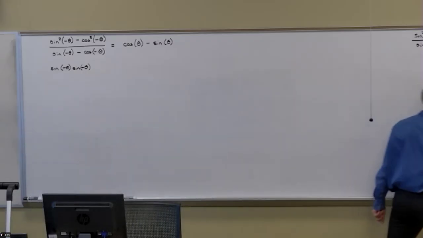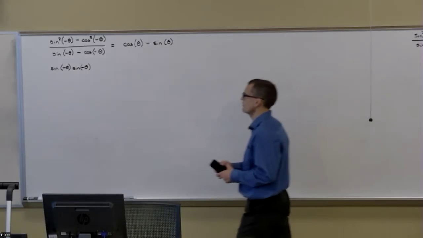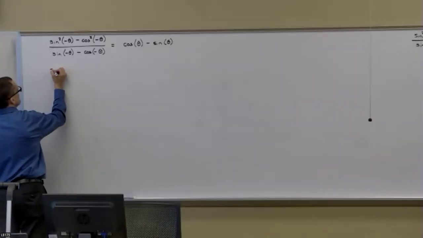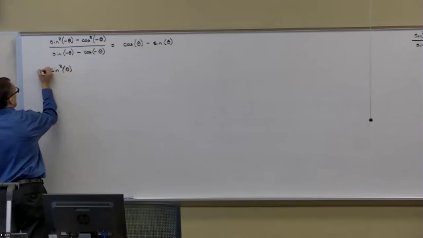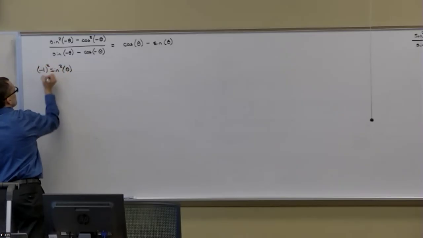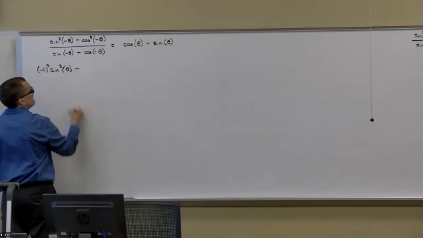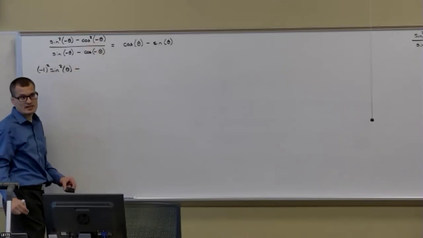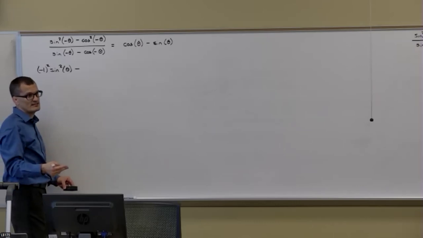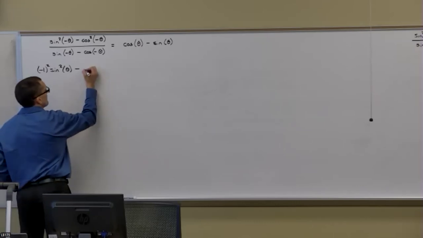Here, there we go. So be careful taking things out of negative sine squared. In fact, what I would probably do is put a -1 squared on the outside there. Now cosine is even, so this will absorb the negative, right? Cosine of negative theta is the same thing as cosine of positive theta.